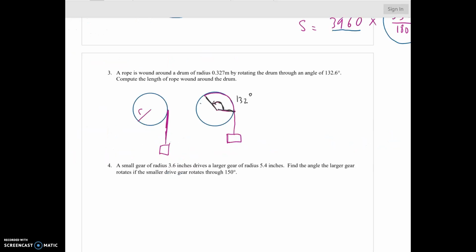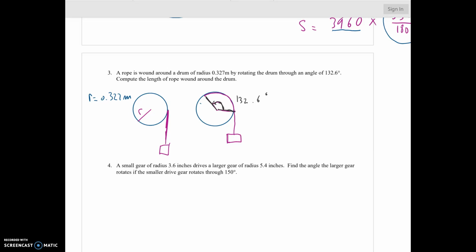So guys, now a rope is wound around a drum of radius R equal to 0.327 meter, by rotating the drum through an angle of 132.6, I forgot the 0.6, 132.6 degrees.